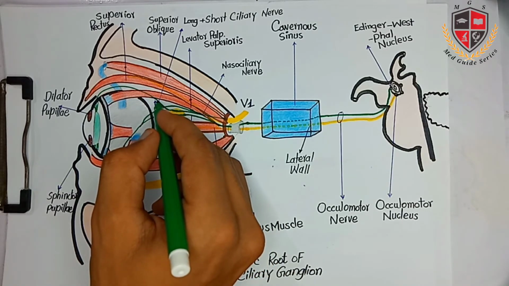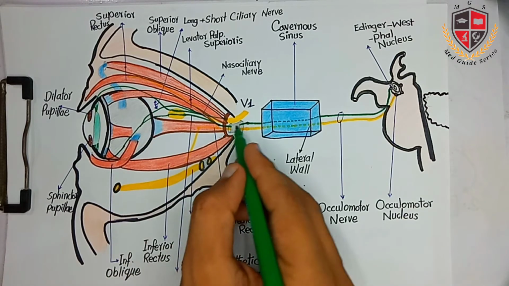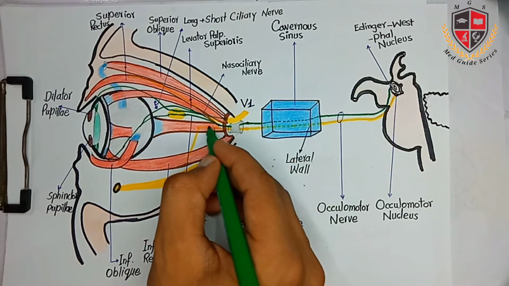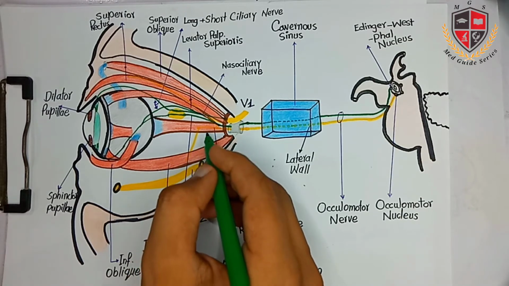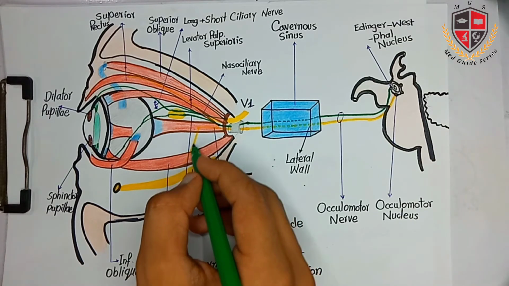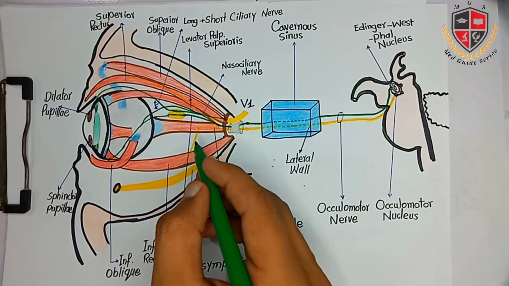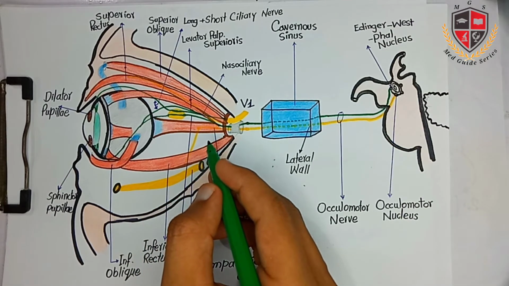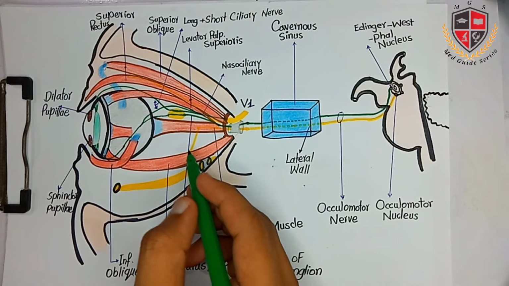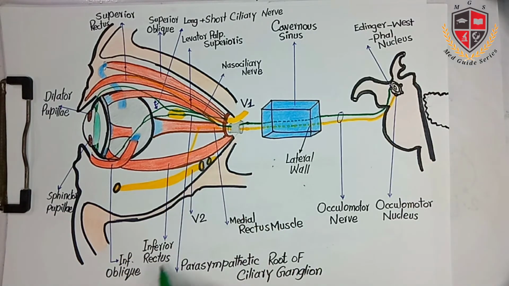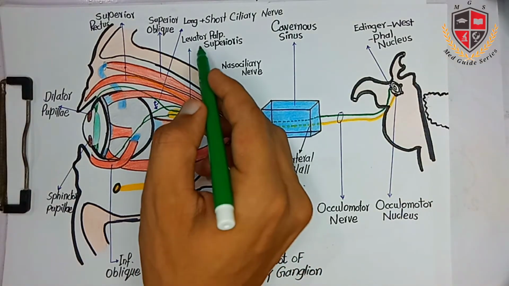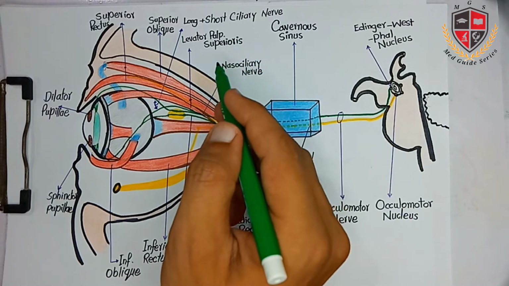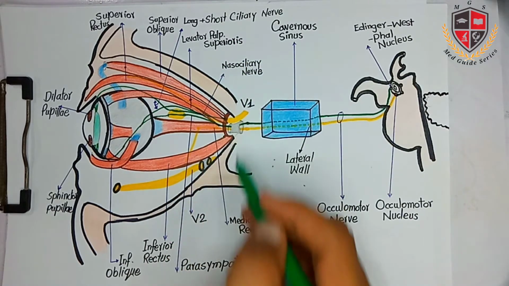This is the long ciliary nerve, and this is the motor nerve of the oculomotor nerve, and it innervates the medial rectus muscle, inferior rectus muscle, inferior oblique, levator palpebrae superioris, and superior rectus muscle.